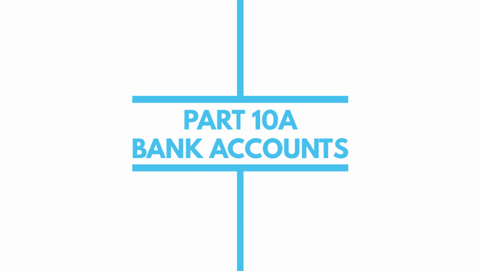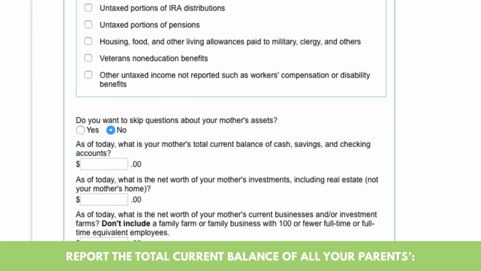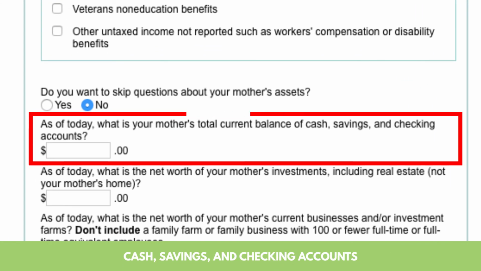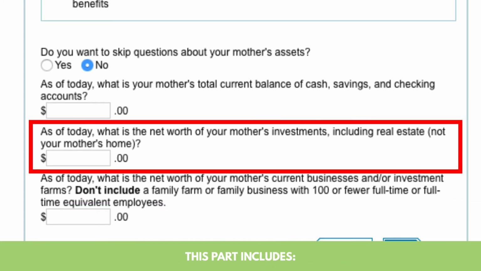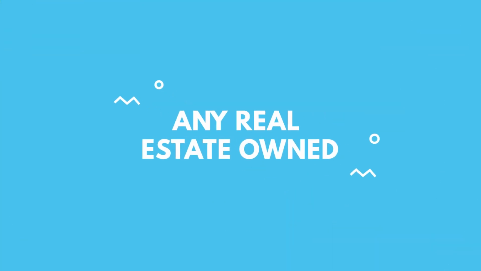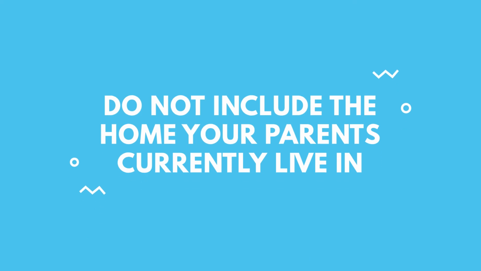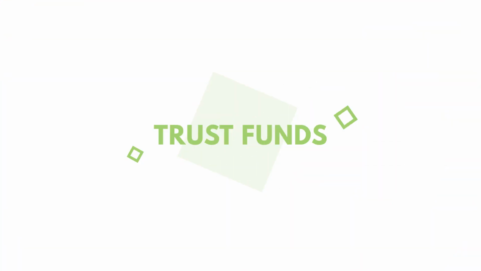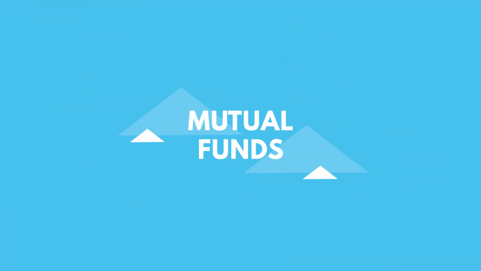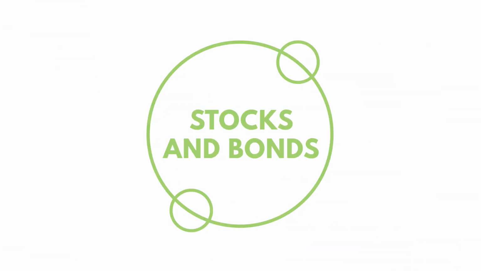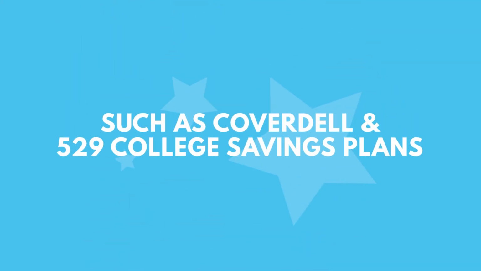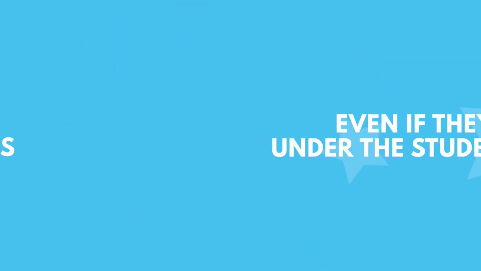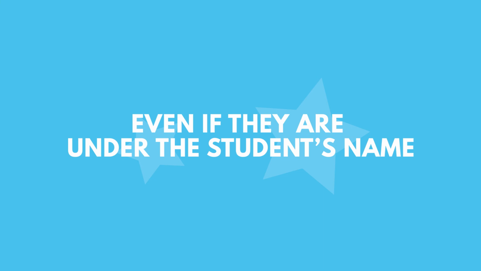Part 10A. Bank accounts. Report the total current balance of all your parents' cash, savings, and checking accounts. Part 10B. Current net worth of investments. This part includes any real estate owned, do not include the home your parents currently live in, trust funds, money market funds, mutual funds, stocks and bonds, CDs, education savings accounts, such as Coverdell and 529 college savings plans, even if they are under the student's name.